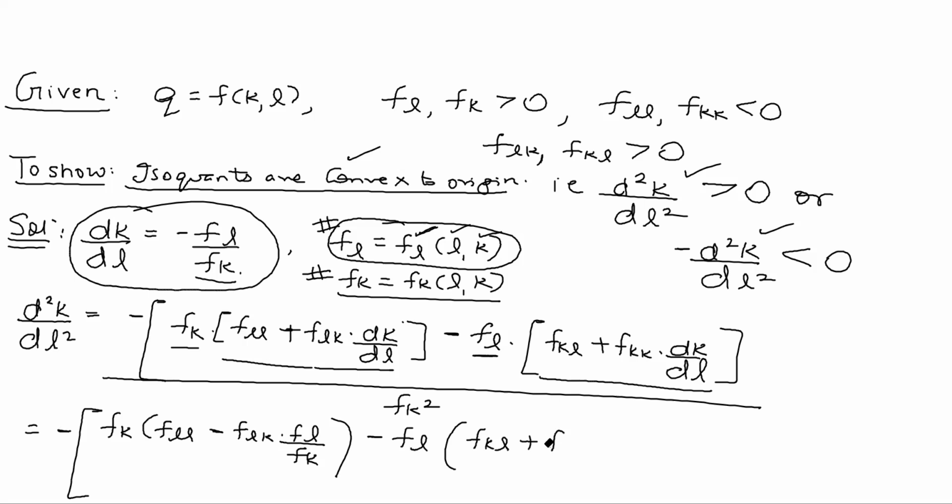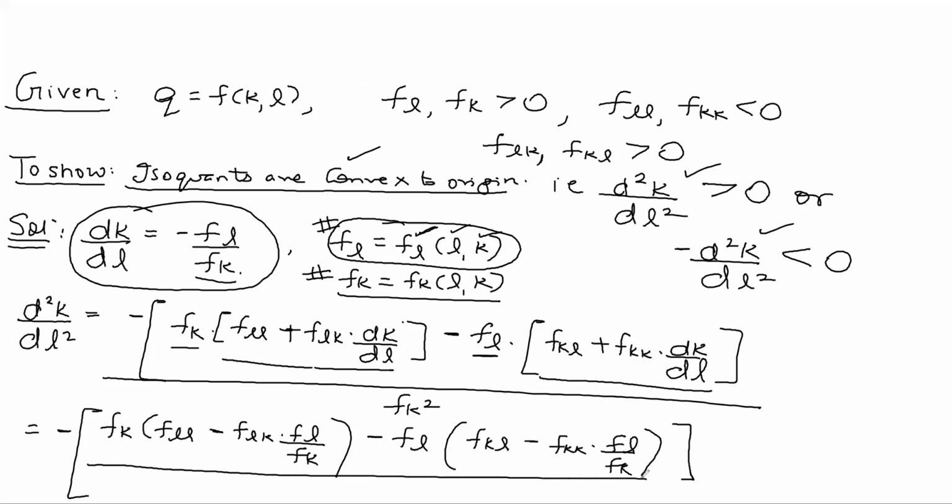plus FKK into dK by dL, again putting the value of dK by dL, so we get minus FKK into FL by FK, divided by FK square. From this step to this step, what we have done is put the value of dK by dL, which is minus FL by FK. I hope students are fine till here and have no doubts, and are clear with the differentiation part.